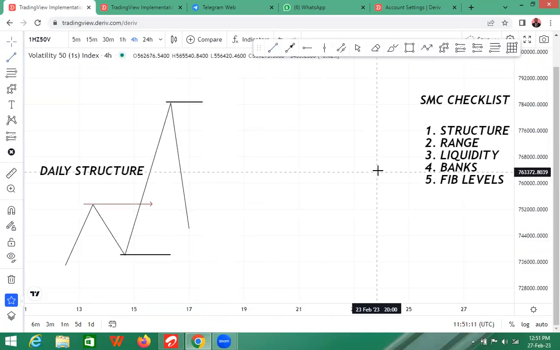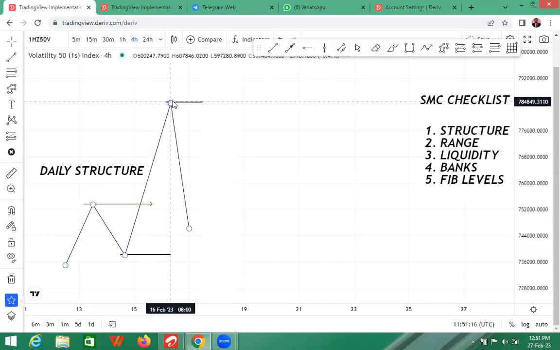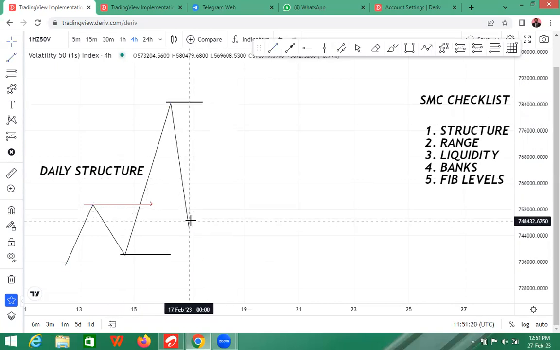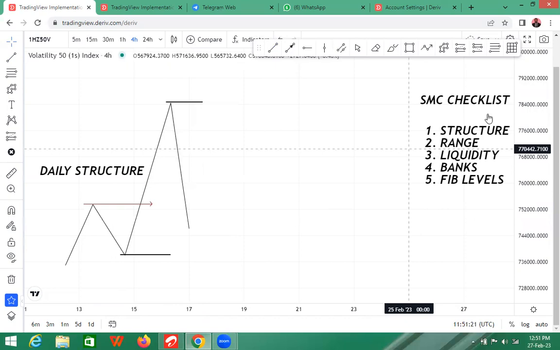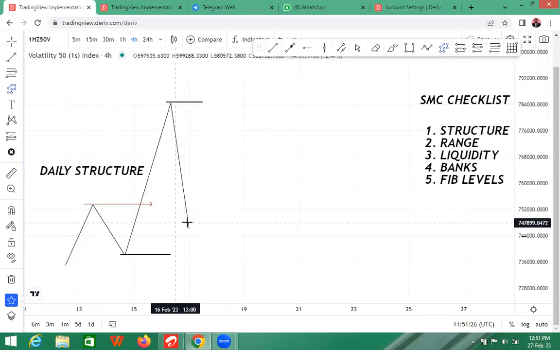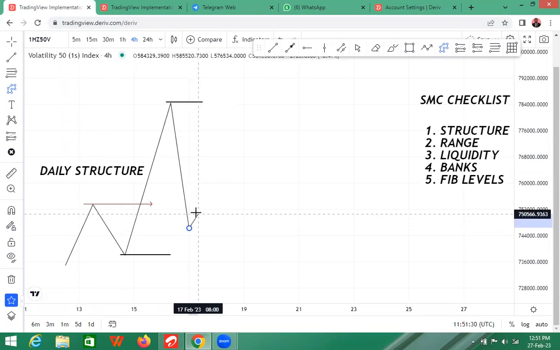The next thing is your liquidity. Where's your liquidity point? Since we are buying, you are waiting for your liquidity here. External liquidity, the highs that will be captured if you get an entry from this place. Since this is daily, you are going to be waiting for a 1 hour break of structure here.